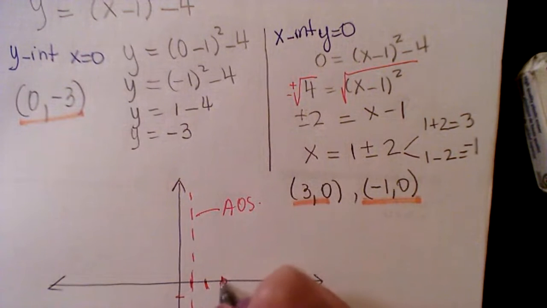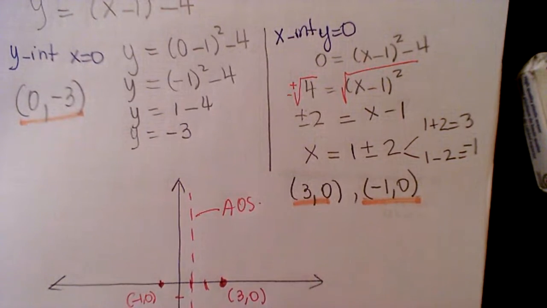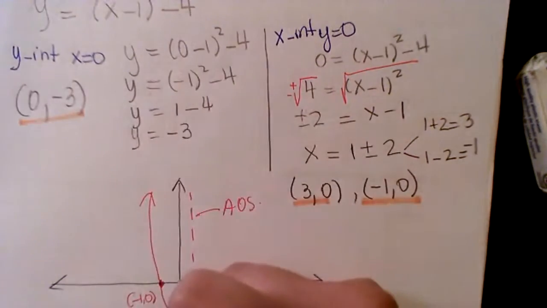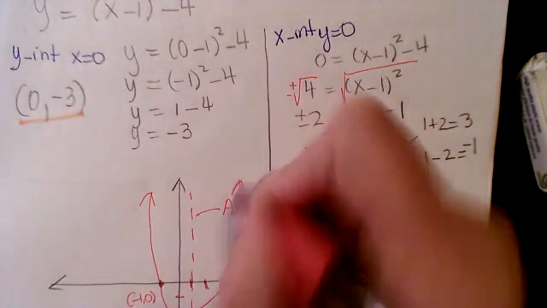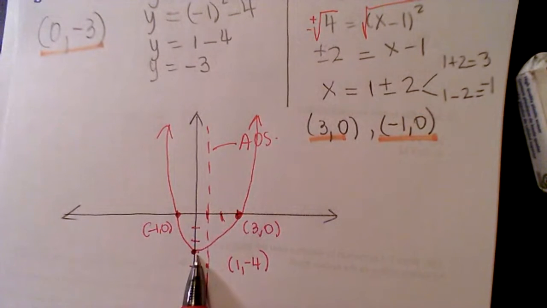And negative 1, 0. Stay there, and 3, 0. So it's like I'm going this way and this way. Those are the points, counting this one.